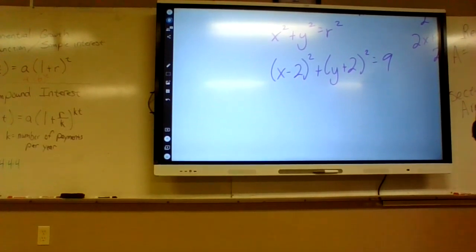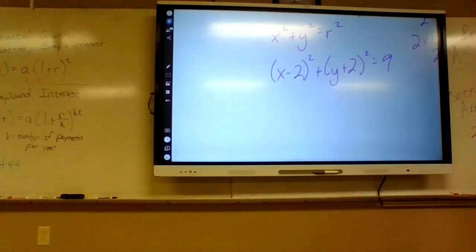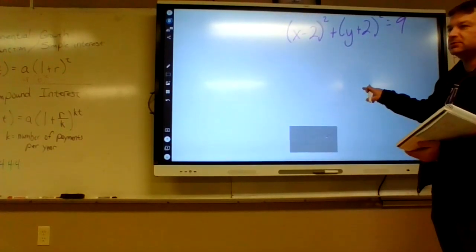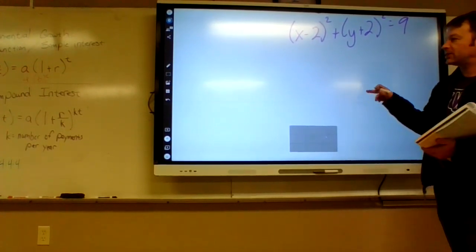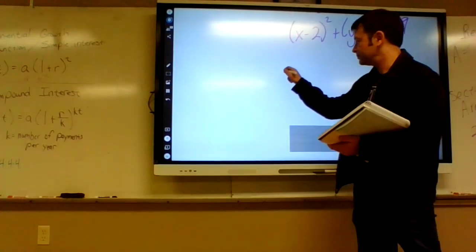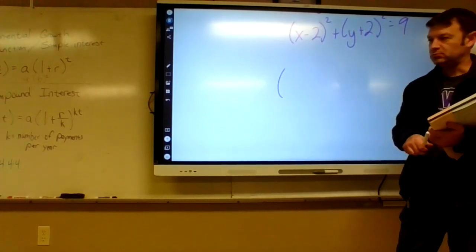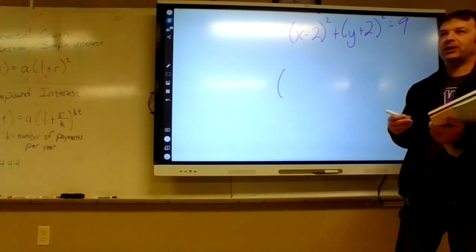37, write the equation of a circle centered at 2, -3. Jaden, do you know how we make the circle move right 2? The center is at 2, -3, so how do I make it move?